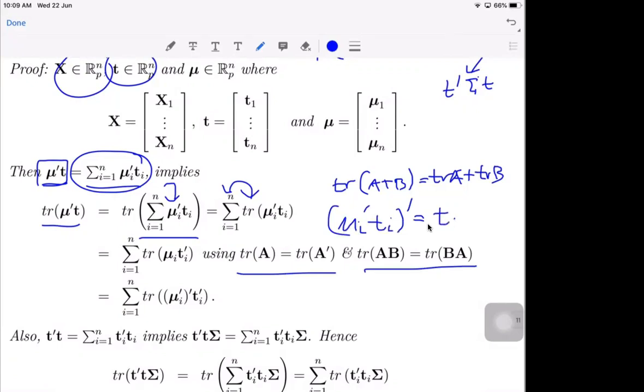So that is T prime, Ti prime, then mu I. And then you swap, so you will have mu I and Ti prime. And then you want mu prime. So you will have mu prime I prime, then T prime. Okay?